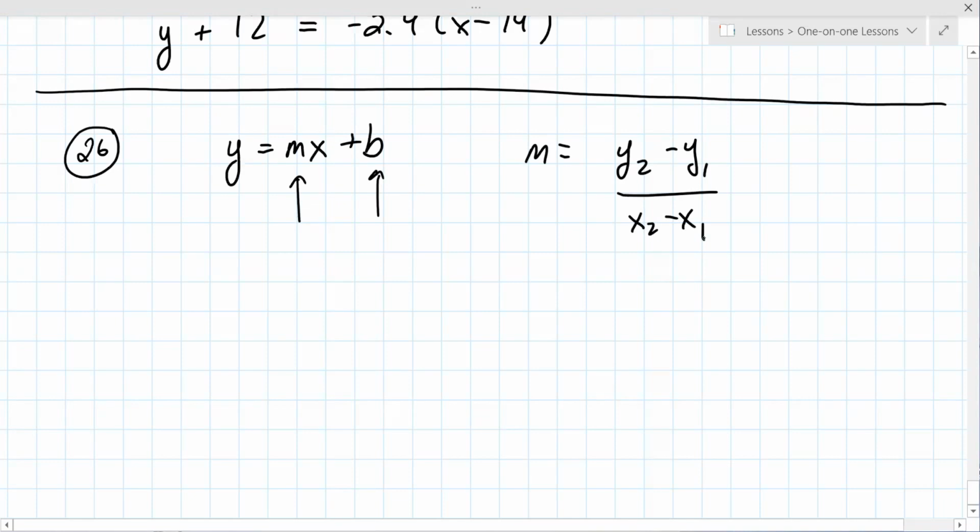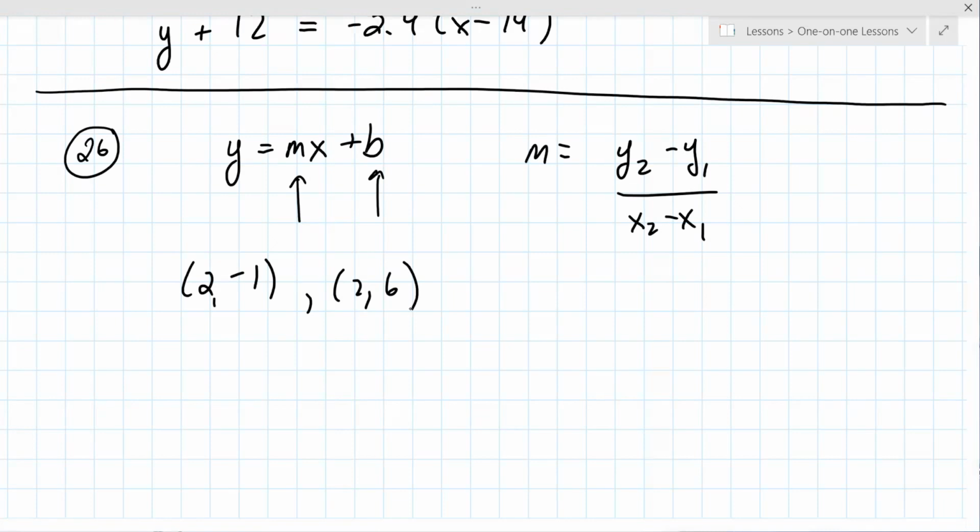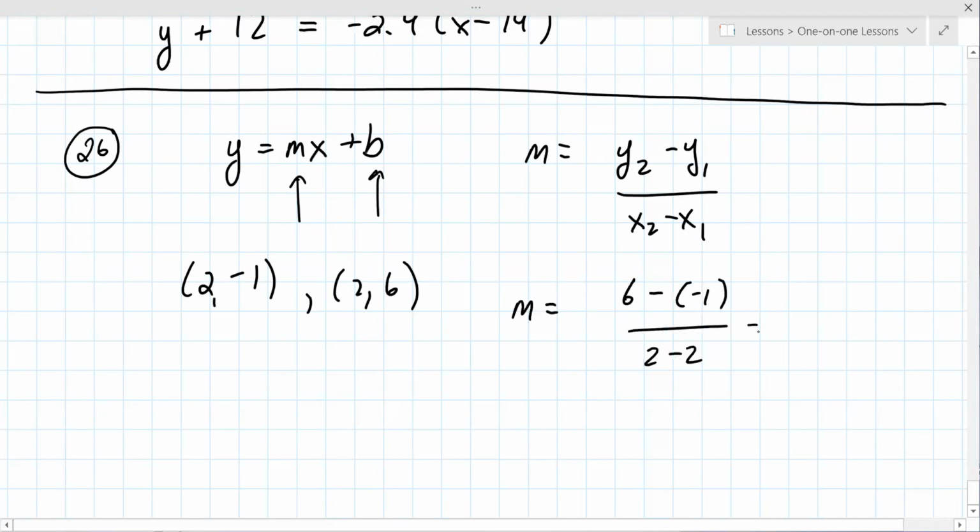You're looking at points 2 comma negative 1 and 2 comma 6. Let's do the slope together. 6 minus negative 1 over 2 minus 2. What do you notice about the bottom? It's 0. That's bad.